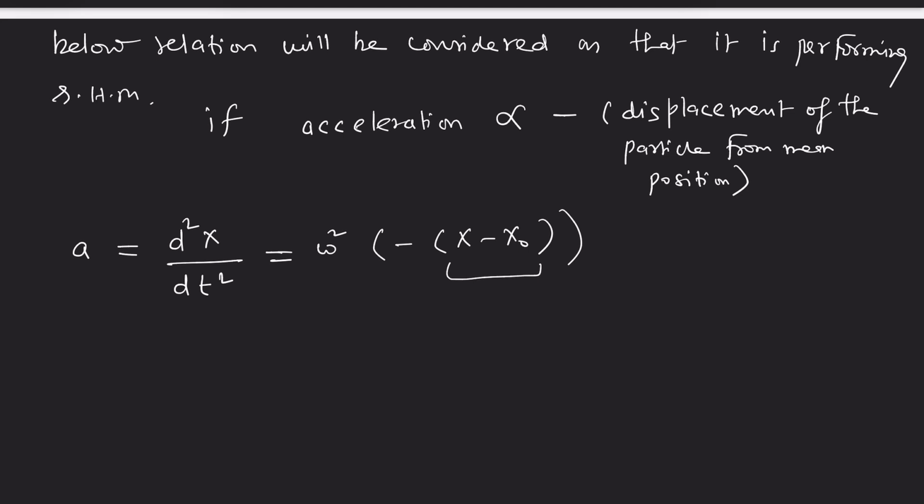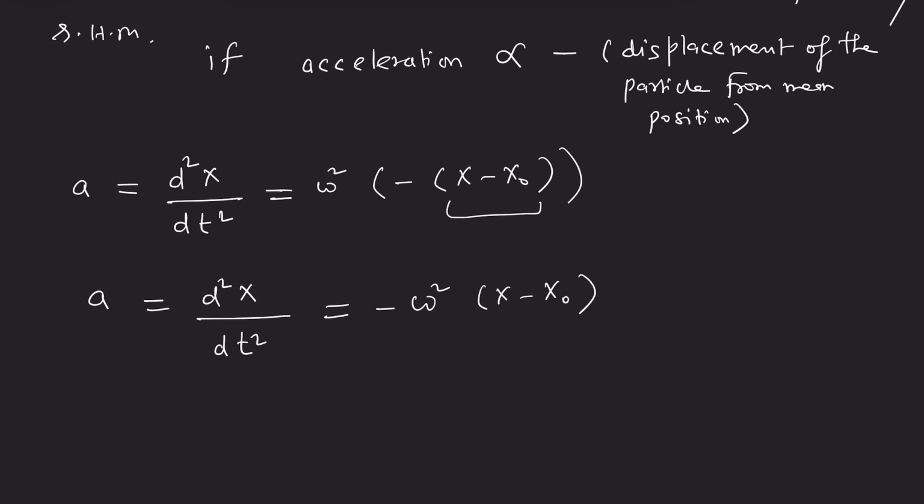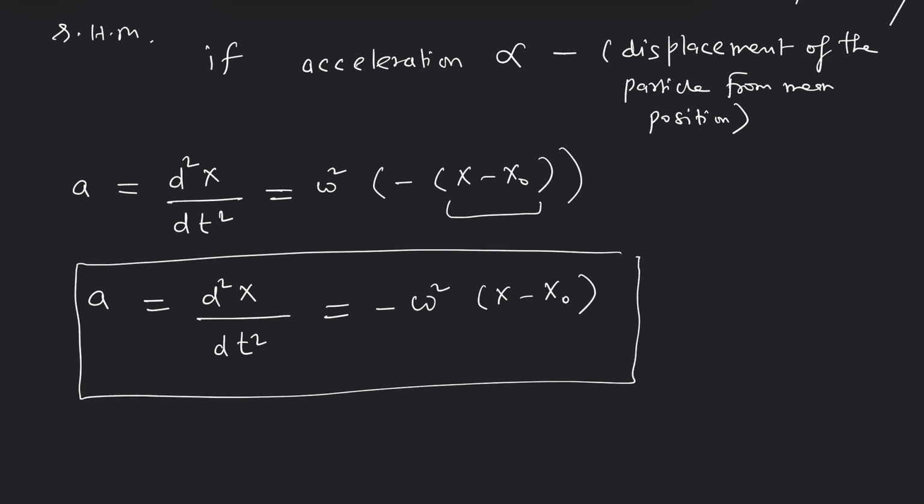So if I write this in a proper way, d square x by dt square is equal to minus omega square into x minus x naught. This is the equation that the particle should follow if we have to consider it as a simple harmonic motion.